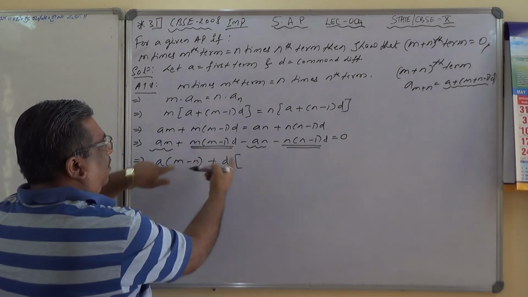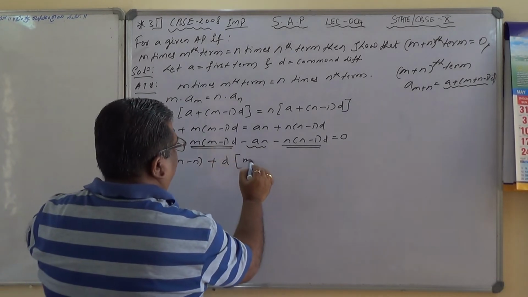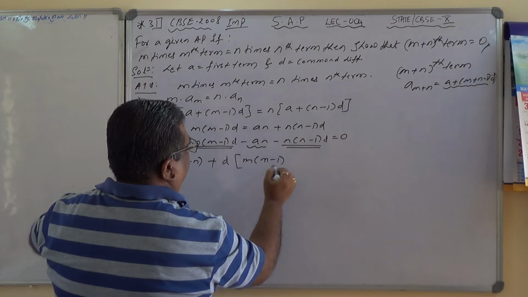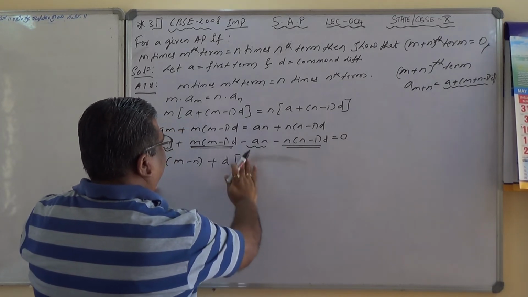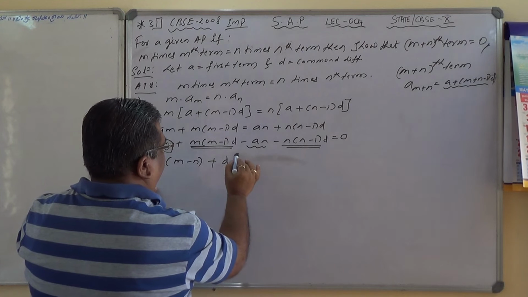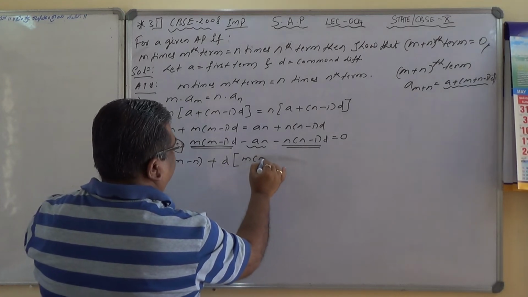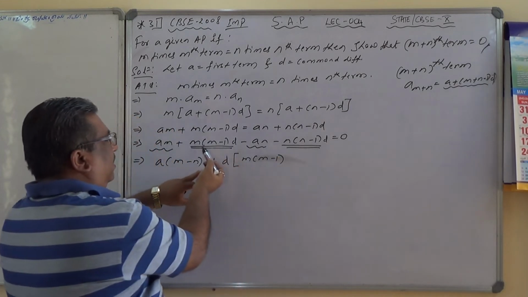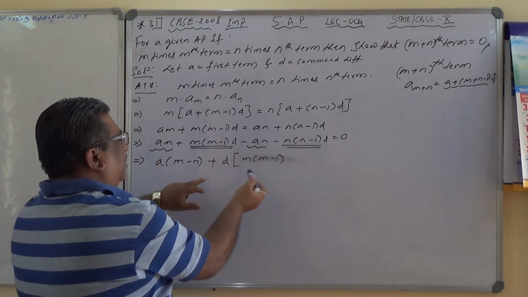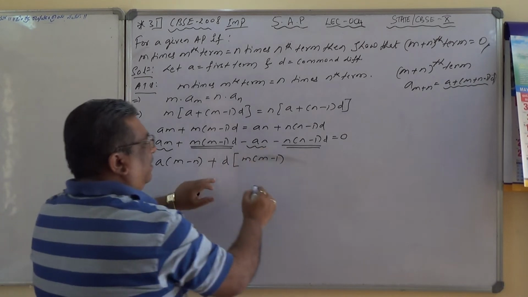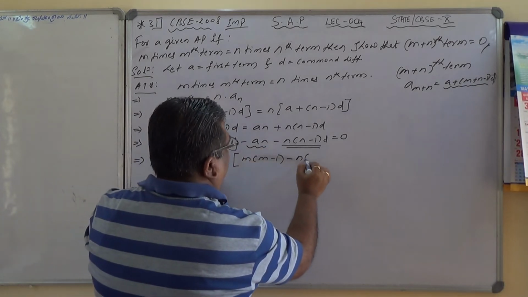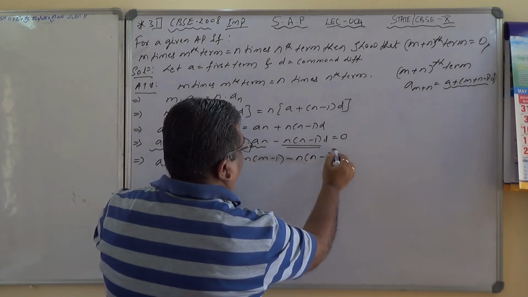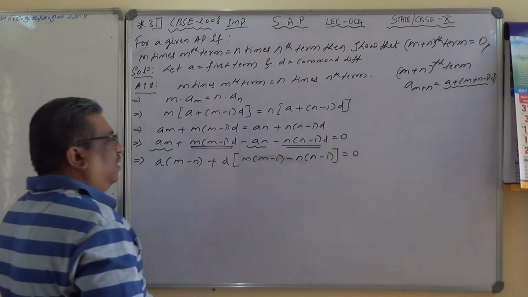If D goes out, m into m minus 1, m minus 1, I'll write once again. And here it is plus, here it is minus. So plus D has come out, so minus remains as it is, minus n into n minus 1 equals 0.